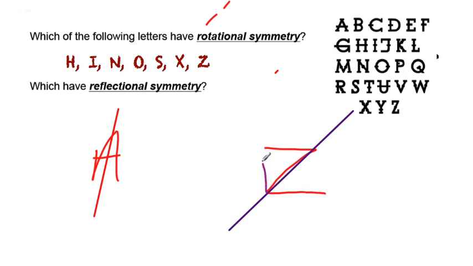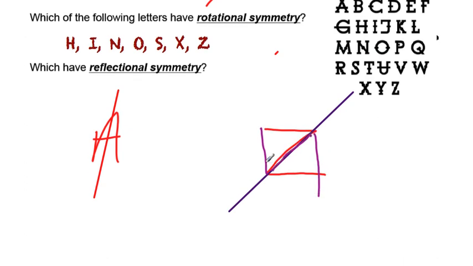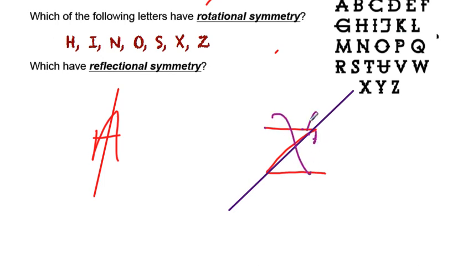This would have to go up and this would come down, so the Z would flip over there. Let's look at that again. If I reflected this point right here, remember you have to go to the line, the same distance over, it would be right there. You can see that this letter doesn't have reflectional symmetry. So go through right now and find all of the letters that have reflectional symmetry. Go!